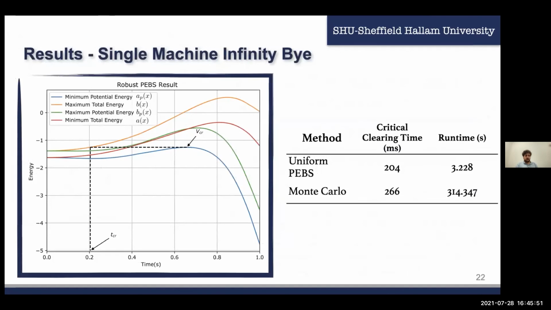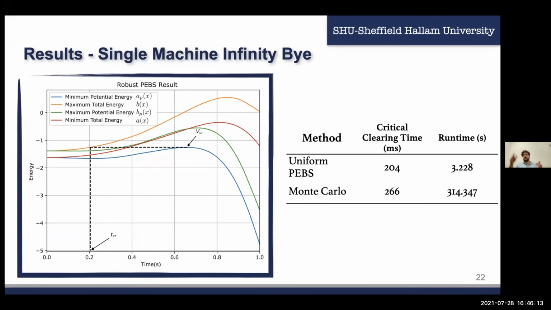If we plot our results in time, instead of seeing whether the system was unstable or stable, I calculate the maximum time that the fault can stay on the system.